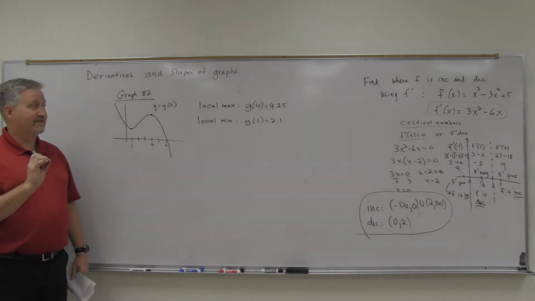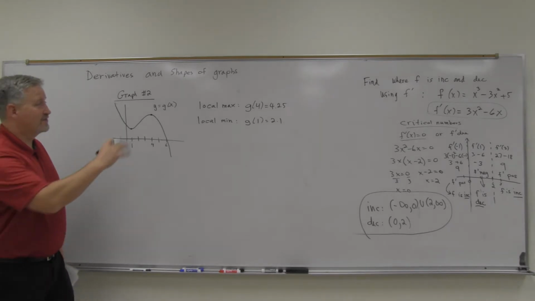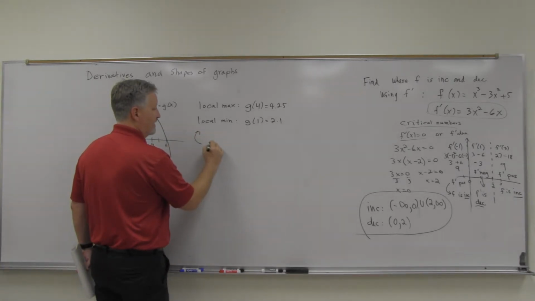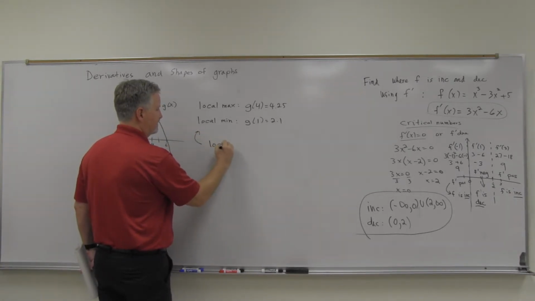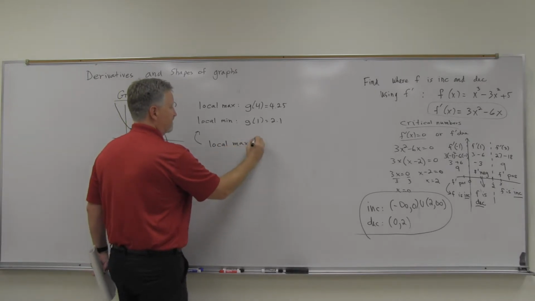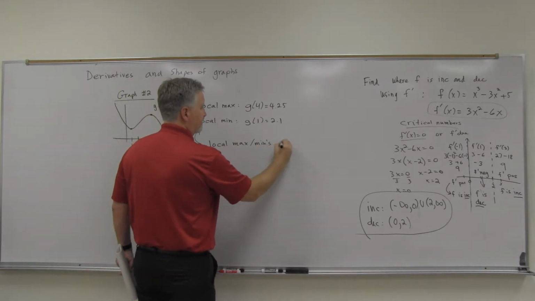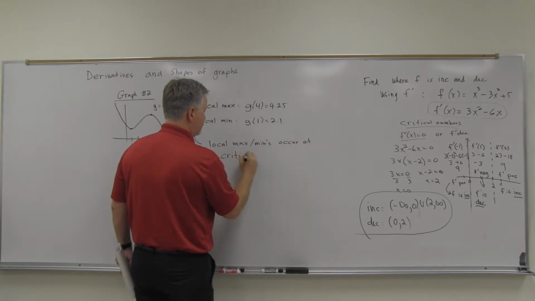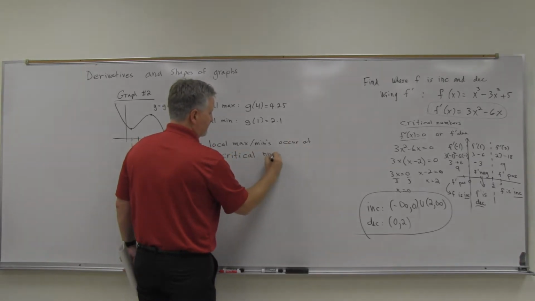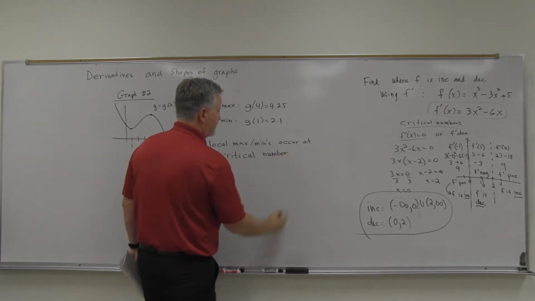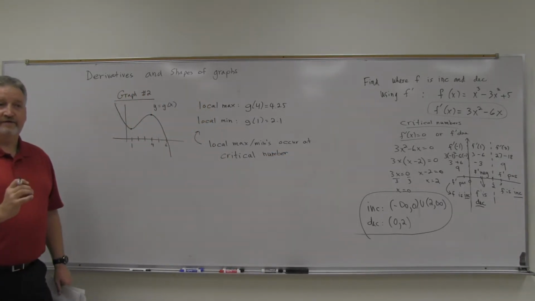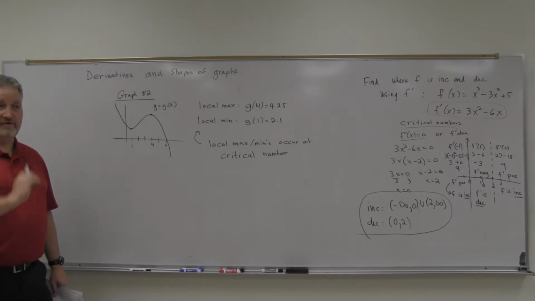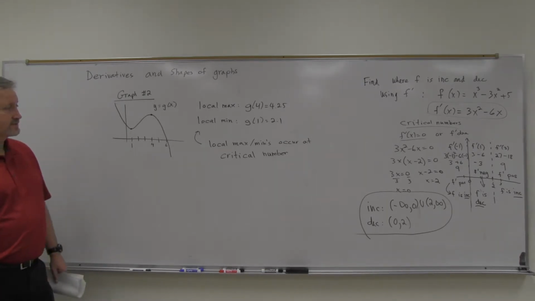What do we have at those local maxes and mins? These local maxes and mins occur at the critical numbers, right? Where the derivative equals 0, or we don't have an example up here, but it also could be where that derivative does not exist. So it's a critical number that those local maxes and mins are occurring at.